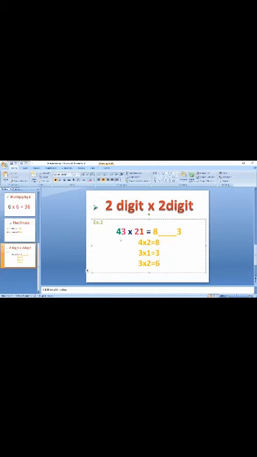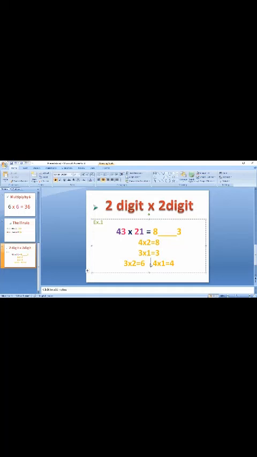We keep this aside and multiply another thing: the first number's first digit, which is 4, by the second number's second digit, which is 1. So 4 into 1 is 4.